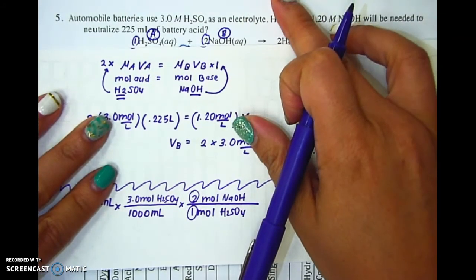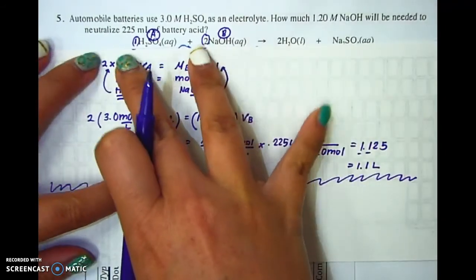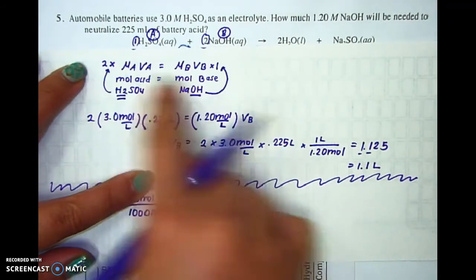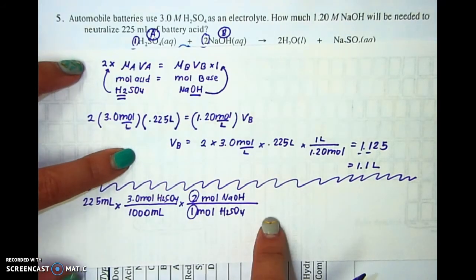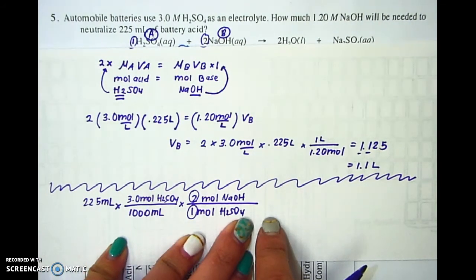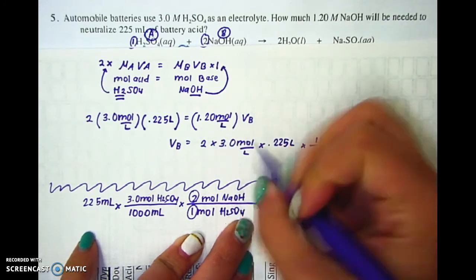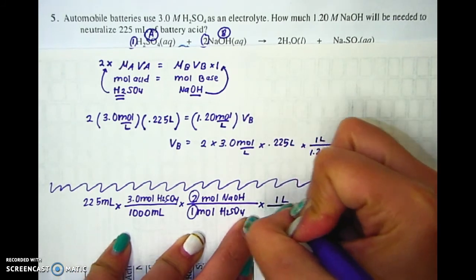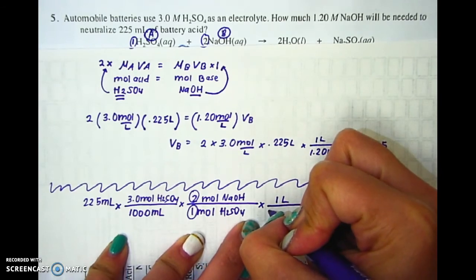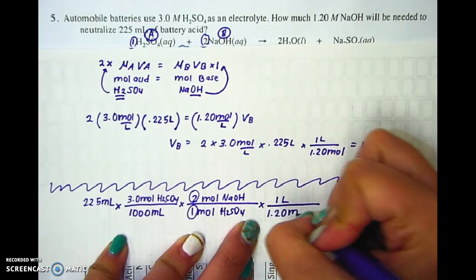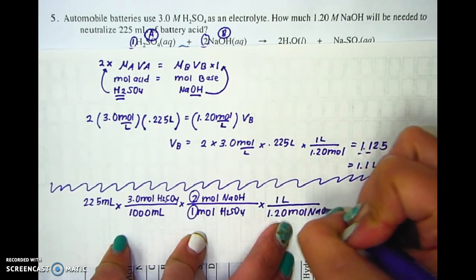Now, I think a lot of you guys had some questions where you kept on putting in the coefficients into this equation. But remember, the coefficients only get utilized when you're doing stoichiometry this way. But you will eventually see why it's actually the same thing. So we're trying to get it out to volume. So I'm just going to put 1 liter on top, divide by 1.2, which is the molarity of the sodium hydroxide.